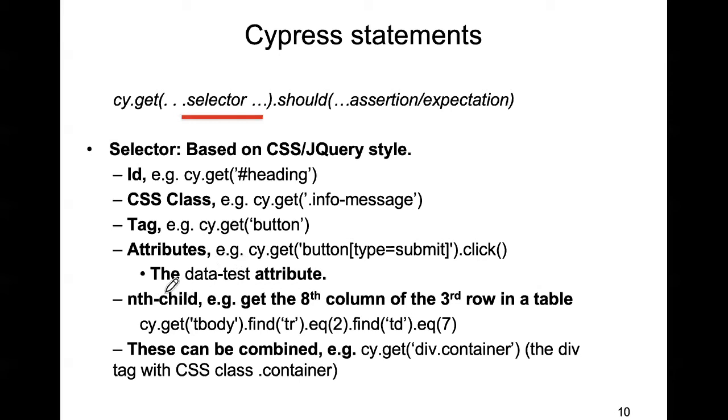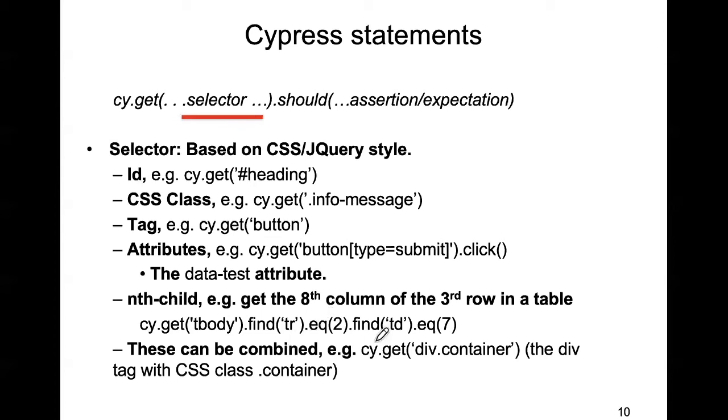the nth-child attribute, that's what I was banging on about there in the previous one. This is where we're trying to pick out a particular column of a particular row in a table. So in this case it's just a value. We only tend to use that nth-child attribute with the eq command, so it's slightly out of sync with all of the other ones.